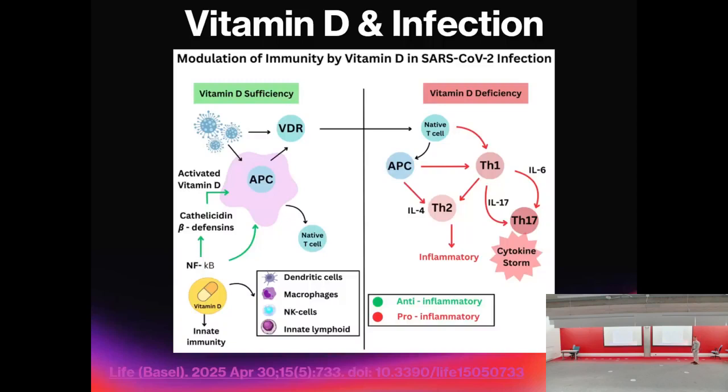If you don't have enough vitamin D, you don't potentially have that mechanism in place, which leaves you liable to inflammation and to infection, right? And again, here's a nice schema on it. At the bottom of this presentation, these are links as well that you can follow up on.